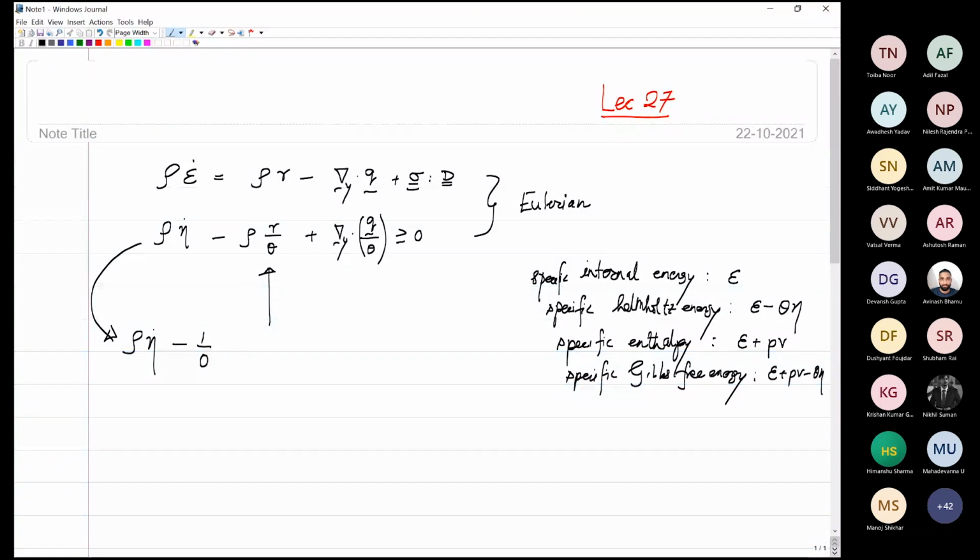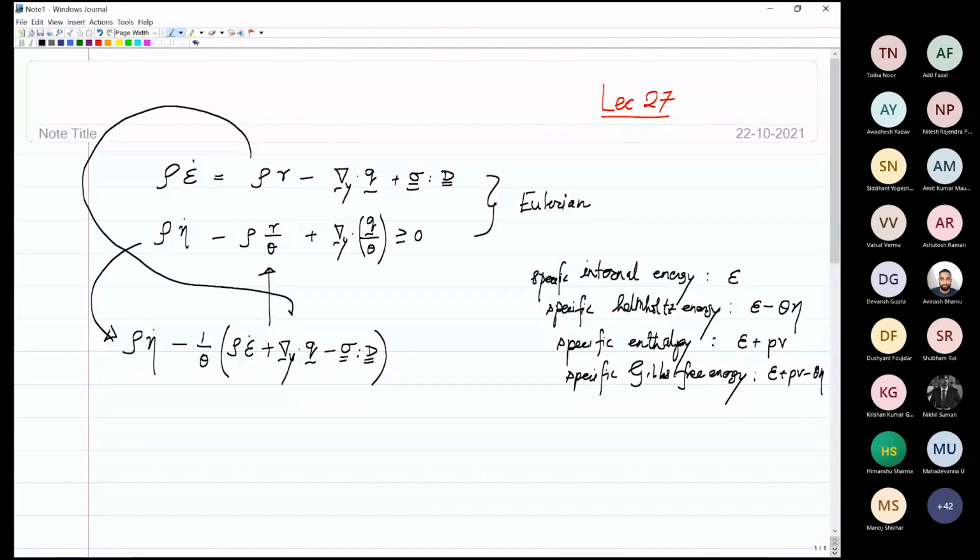So rho r is rho epsilon dot plus the Eulerian divergence of the heat flux vector minus sigma double contraction D. This thing inside the bracket is rho r, taken from the first law.